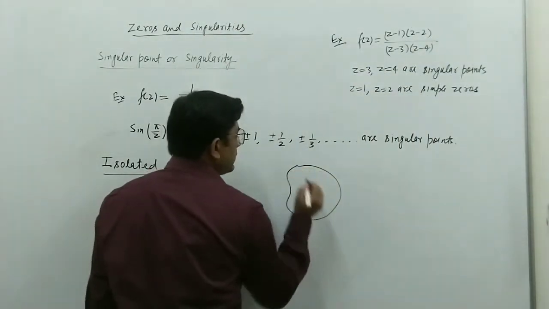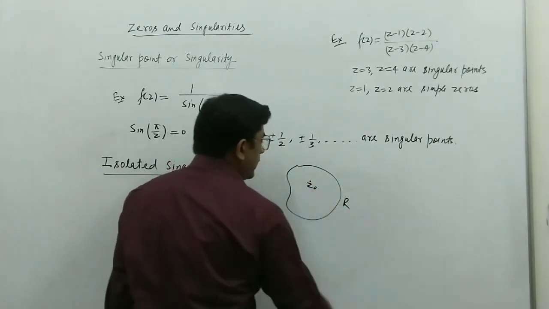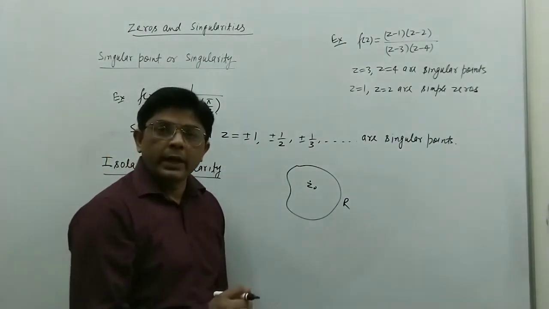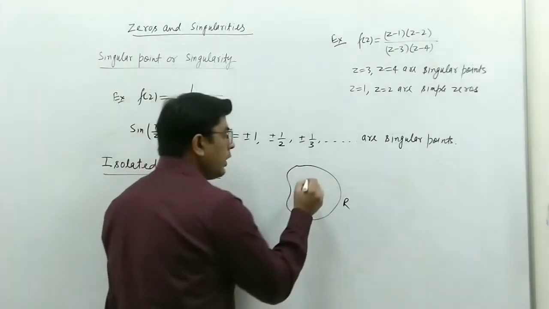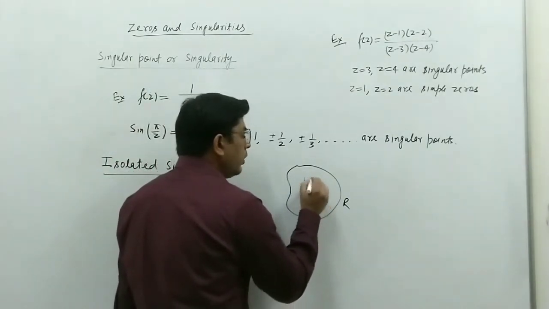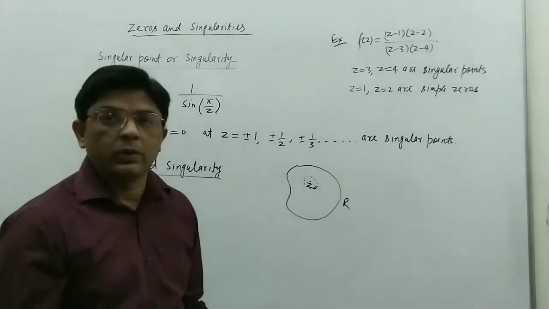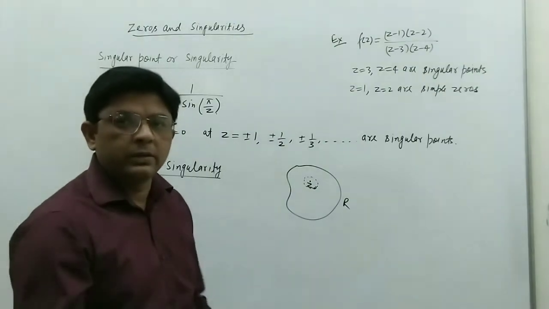Okay, you can understand this like this. Suppose we take a region R and we take a point z0. So if this z0 is a singularity of the given function f(z), but there is no other singularity in the neighborhood of z0, then this z0 is called an isolated singularity. Okay, isolated means the singularities are separated with some distance.